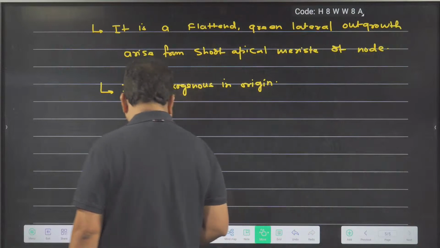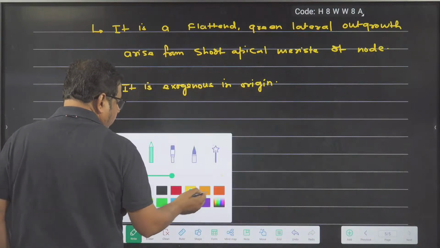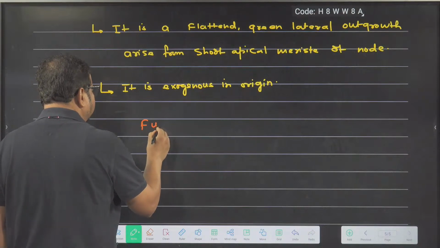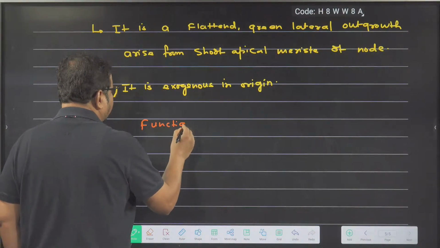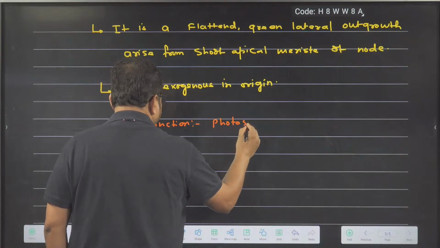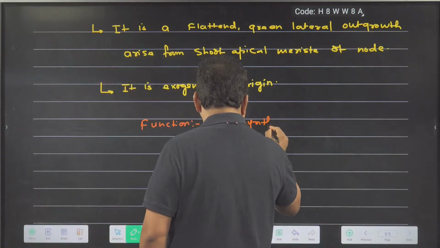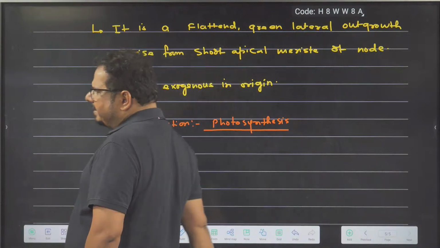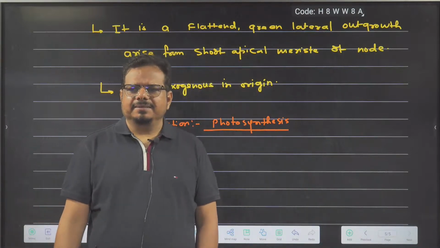Give your attention. If we talk about the major function of the leaf, it is photosynthesis, because it is a green part and the major photosynthetic area in the plant.